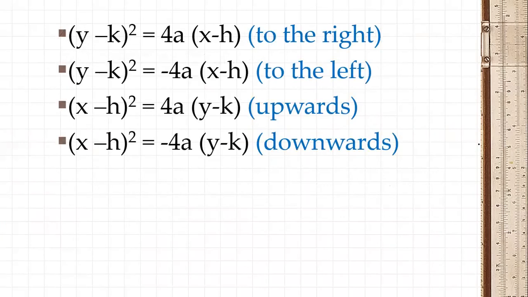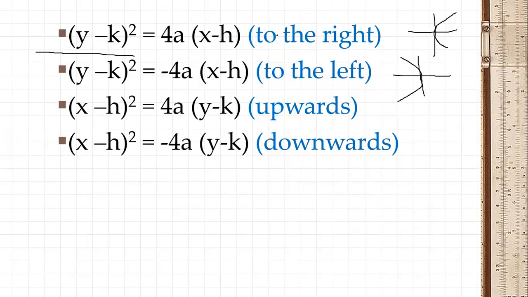So, if the vertex of our parabola is not at the origin, or not at (0, 0), we have this one. Quantity (y minus k) squared is equal to 4a multiplied by (x minus h) if the opening is to the right. And then we have (y minus k) squared is equal to -4a times (x minus h) if the opening is to the left.